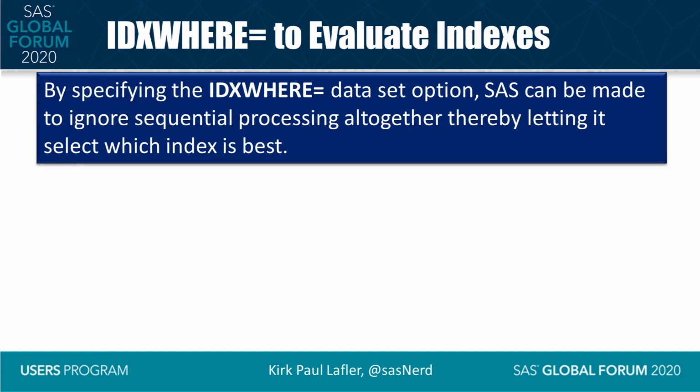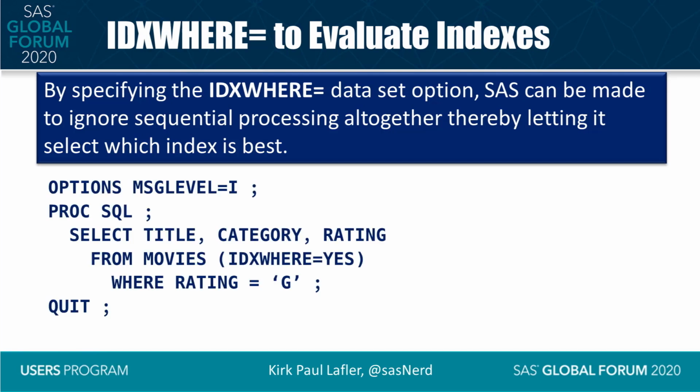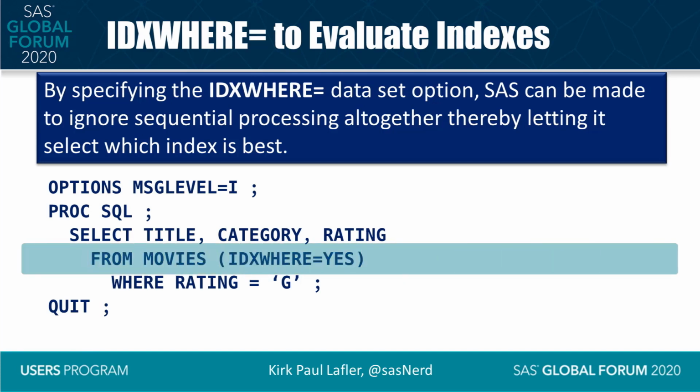We have something known as an IDX where equals dataset option. This IDX where dataset option ignores sequential processing altogether, thereby letting the optimizer select which index is best. So if you're unsure which index to use, perhaps choosing IDX where equals yes, it will automatically turn off sequential processing.